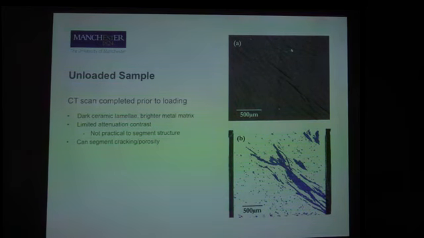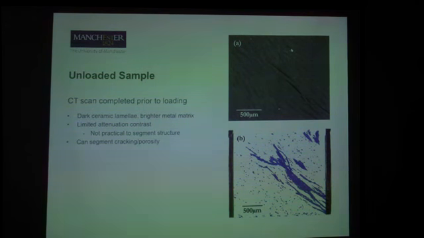I've enhanced the contrast here, but actually there's limited attenuation contrast, a limited number of grey scales between the dark and light phases. What that means is it's not really practical to segment that structure automatically, at the very least. If you had a lot of time on your hands, you could probably segment it manually, but that's something you wouldn't really ever want to do.